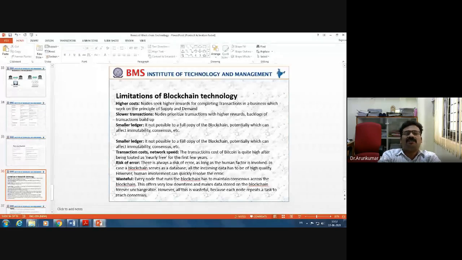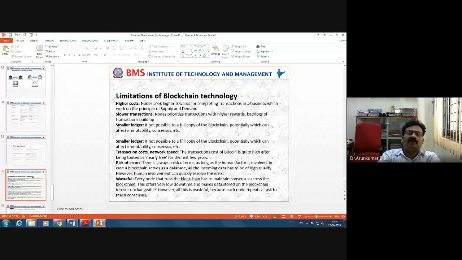Slower transactions: nodes prioritize transactions with higher rewards, so backlogs of transactions build up. Smaller ledger: it's potentially not possible to fully copy the blockchain, which can affect immutability and trustlessness. Even though we say a full copy of the blockchain is maintained, it's difficult, right? A smaller ledger can be maintained.